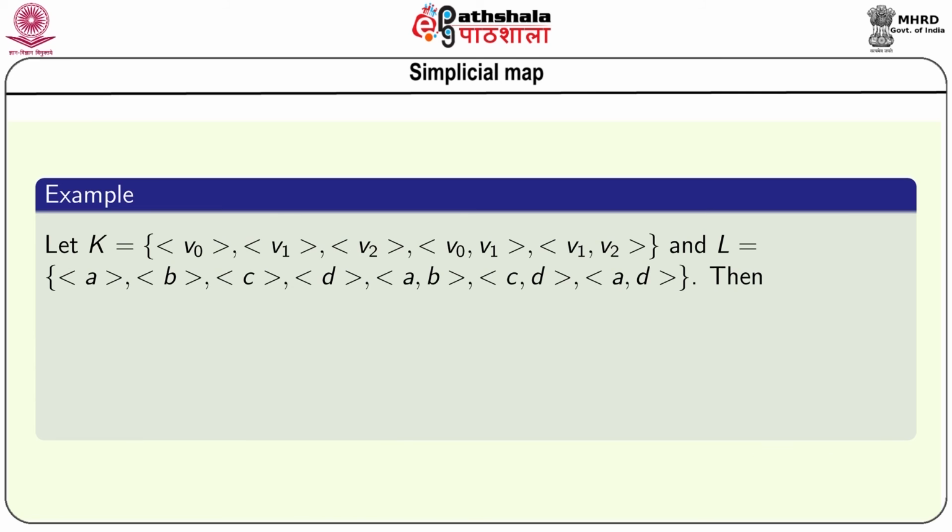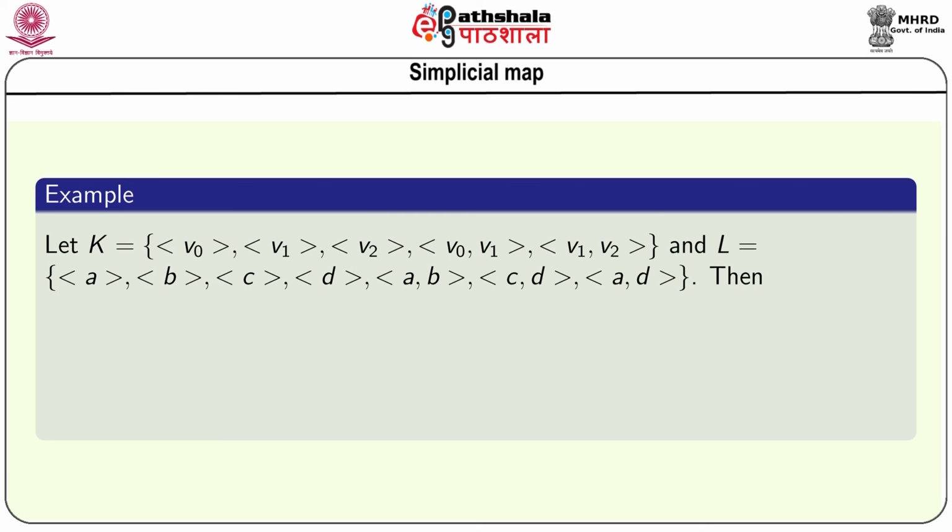Let us take an example. Suppose K is a simplicial complex containing 3 zero simplexes V0, V1 and V2 and 2 one simplexes V0V1 and V1V2. And L is another simplicial complex containing 4 zero simplexes A, B, C, D and 3 two simplexes ABC, ABD and AD.